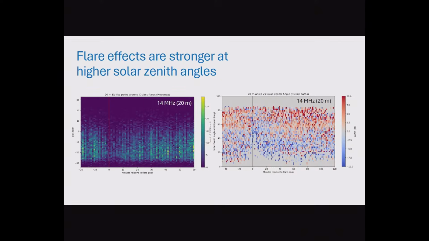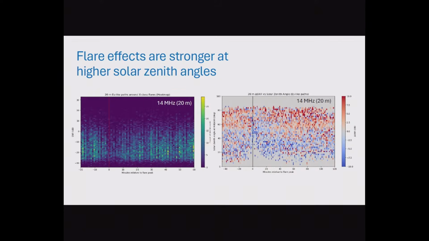This one's now plotting that data as a function of the solar zenith angle at the midpoint of the path. So as the sun is higher in the sky, the effect on the WSPR connection increases, and so folks that have got the sun high up are losing much more of the signal.